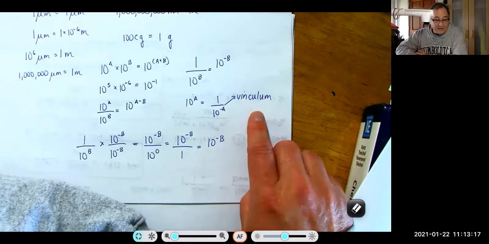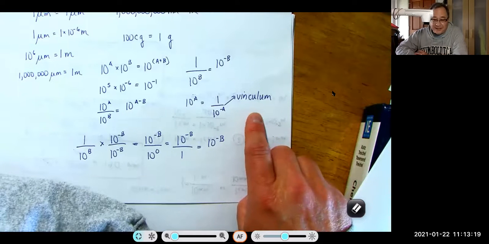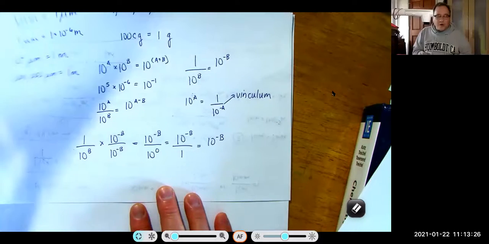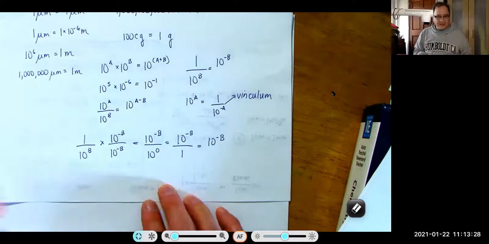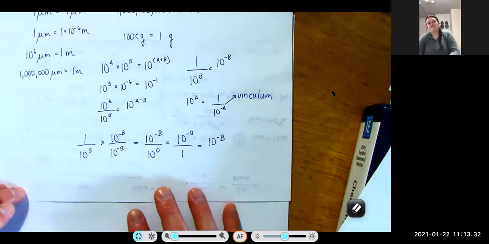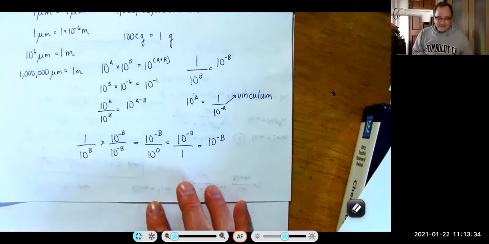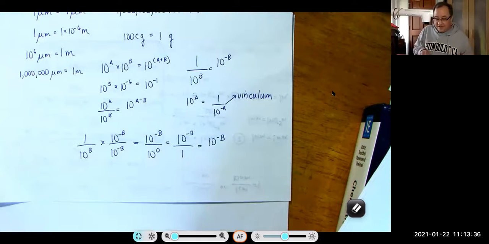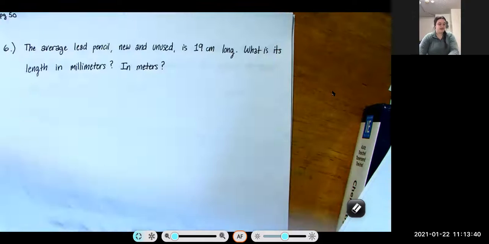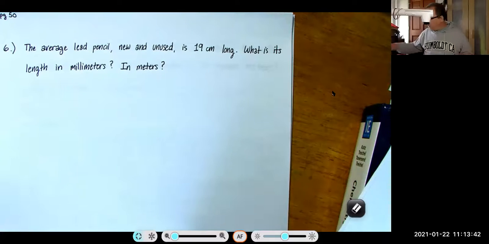I know it because it was on a Snapple cap. I always wondered, what do you call the dividing line? And they go, the dividing line? I'm like, but no, there's got to be a name for it. Like there's a name for everything. I don't know. Vinculum. Interesting. Okay, so going back to this problem here.